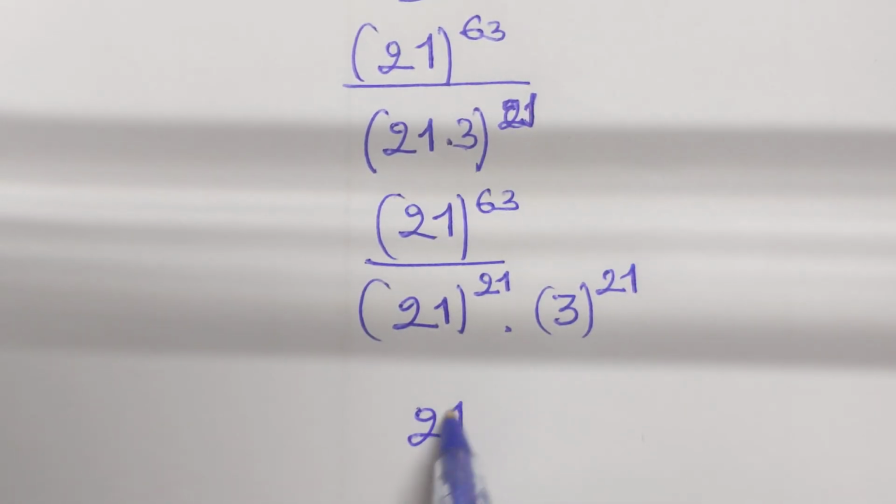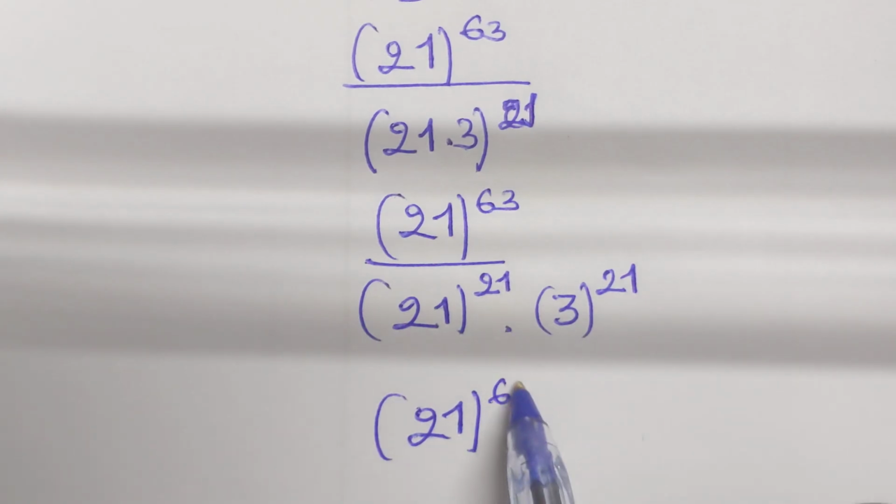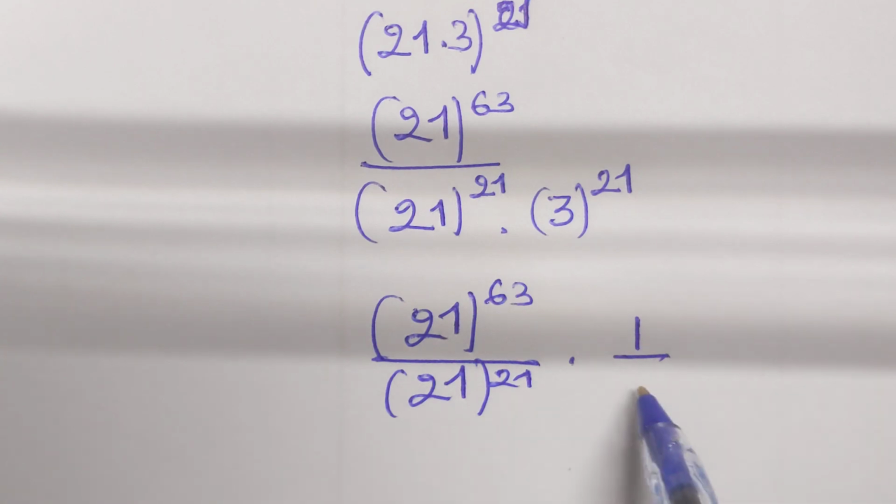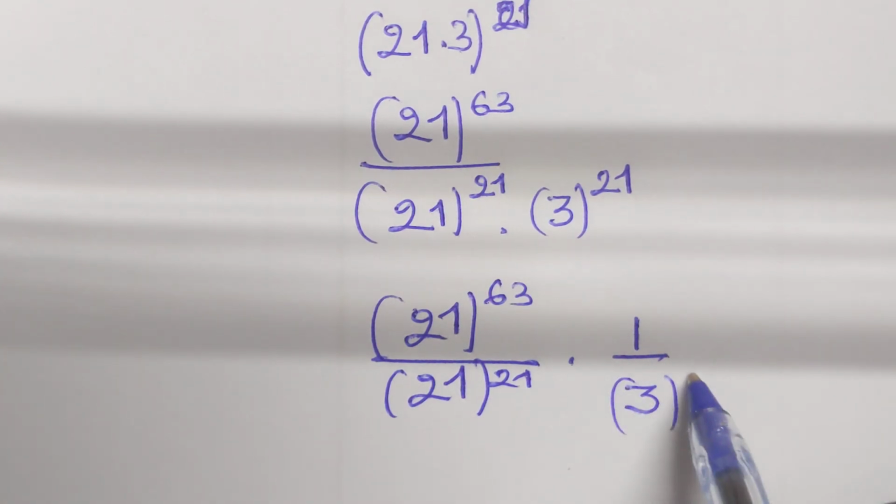21 power 63 over 21 power 21 times 1 over 3 power 21.